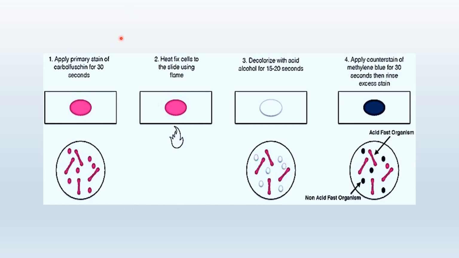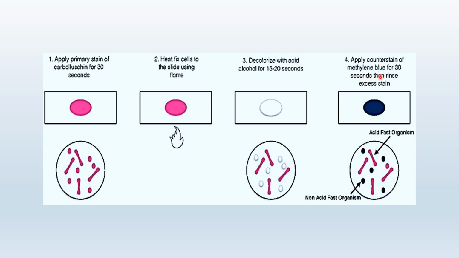In this procedure, first step is the primary stain, carbol fuchsin, that is applied for 30 seconds, and then it is fixed with heat, and then a decolorizer, that is acid alcohol, is added for 20 seconds. That would decolorize other bacteria that are not acid fast, while acid fast would be stained as pink red.